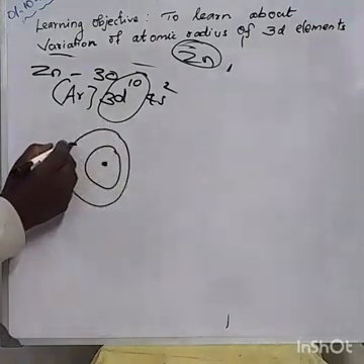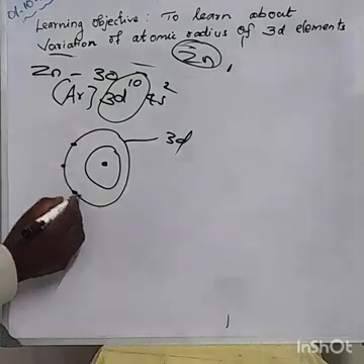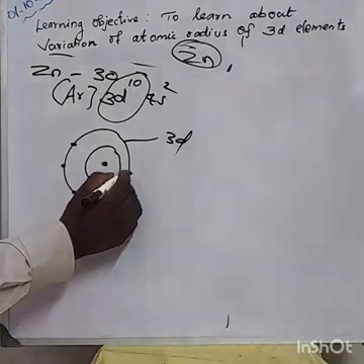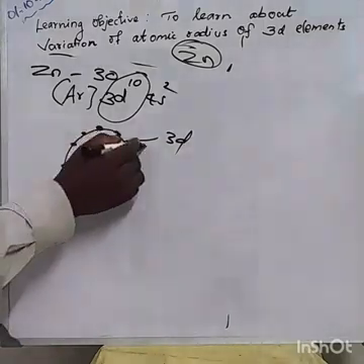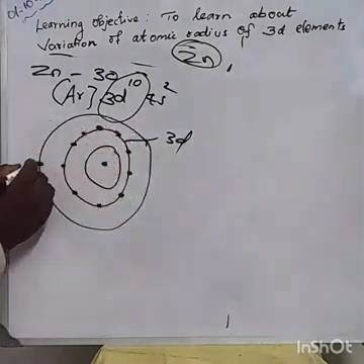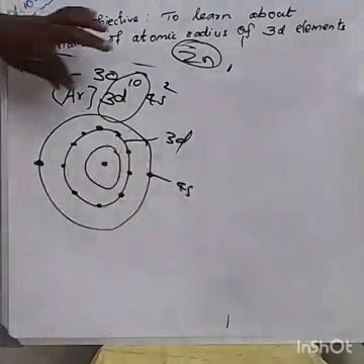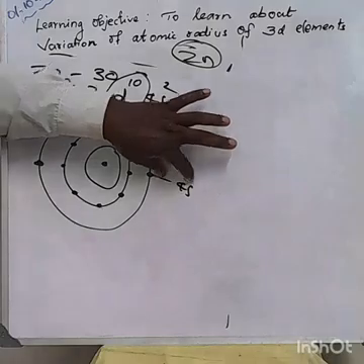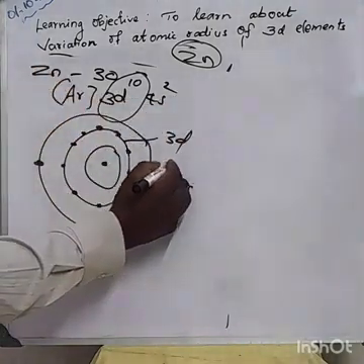This is the 3d: 1, 2, 3, 4, 5, 6, 7, 8, 9, 10. What about the 4s? This is the 4s. Here 3d and the 4s have some repulsive interaction.